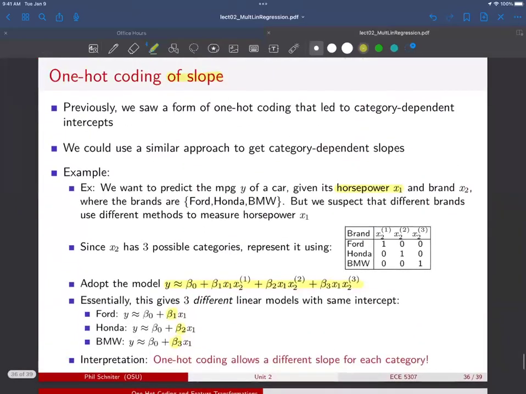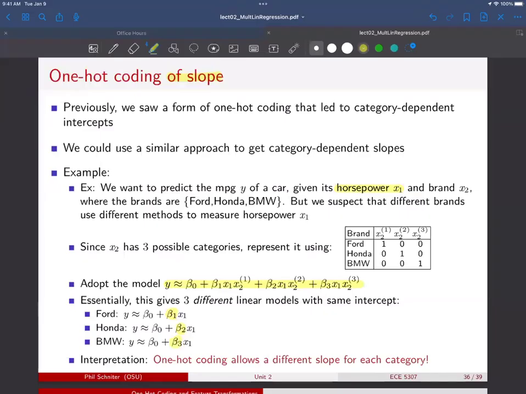You can in fact do one-hot coding combined for intercept and slope, but at that point, what you're doing is a completely separate fitting of all the Ford samples. You're just looking at the Ford samples and fitting slope and intercept on them, and then separately you're looking at the Honda samples. The issue with that is that sometimes if there's a connection between the slope coefficients, it's to our advantage to use more data.